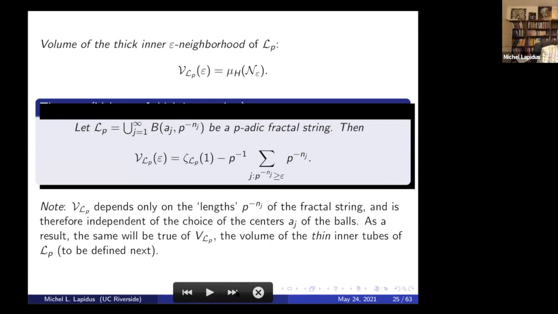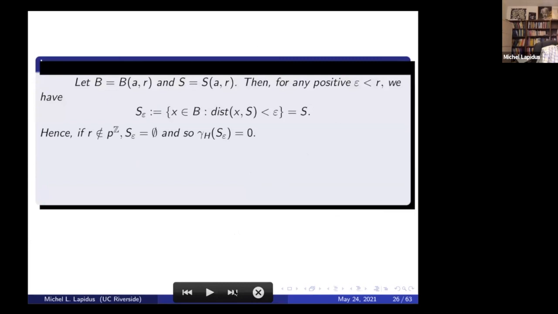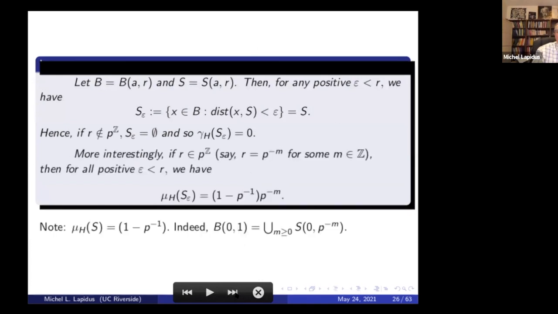And that's the reason why the complex dimensions and the geometric zeta function will not depend on the choice of the centers.